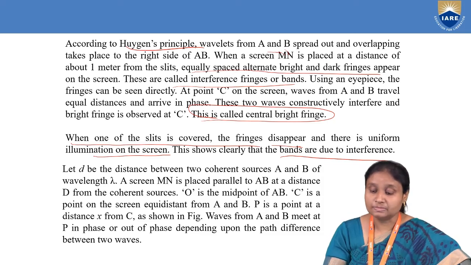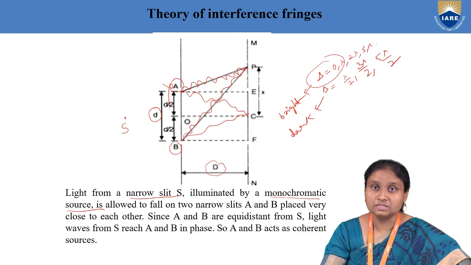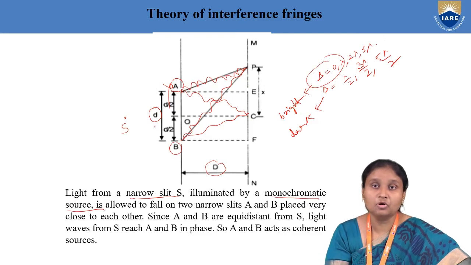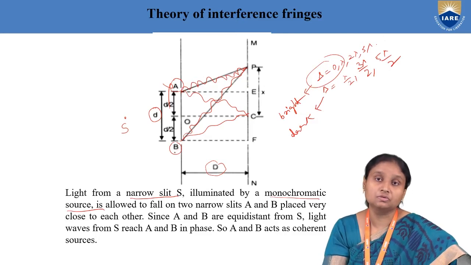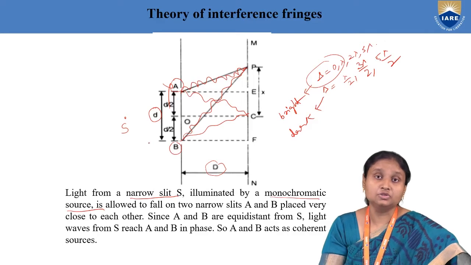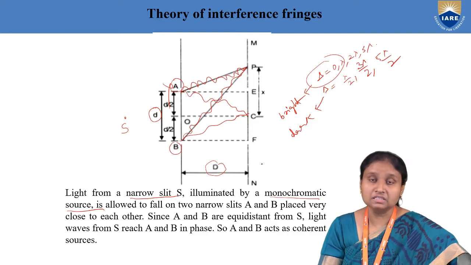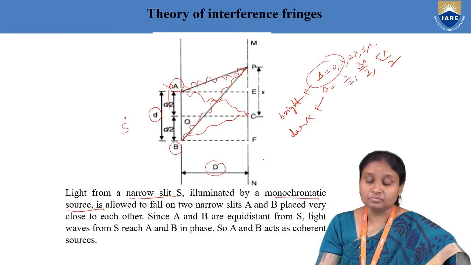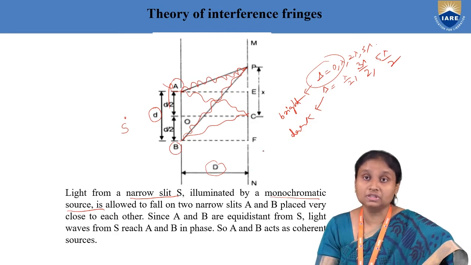Now coming to our experimental setup of Young's double slit experiment, as we have taken, small d is the distance between these two virtual coherent sources, and this d should be very, very small. Capital D is the distance of the screen from these two virtual sources. Here I am selecting certain points on the screen.